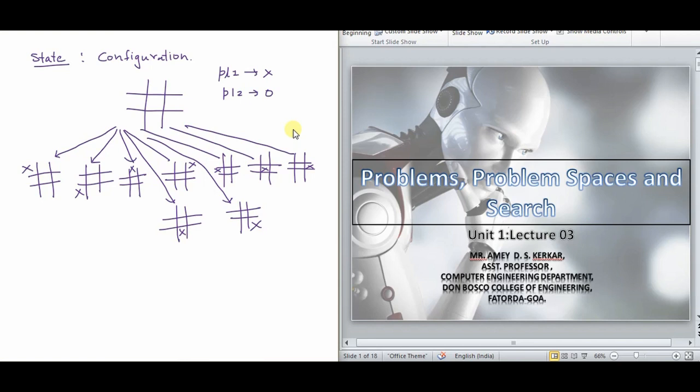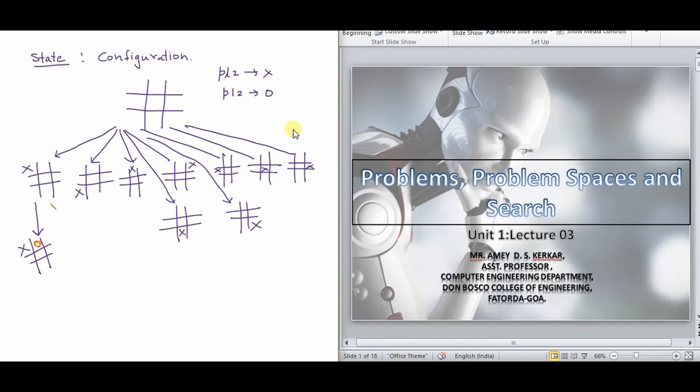Then it is player 2's turn, and player 2 has to mark O. Now assume that player 1 has already marked X in the leftmost cell. So player 2 in this case has how many possibilities? 8 other possibilities. Player 2 can now mark O here. This is the first possibility.